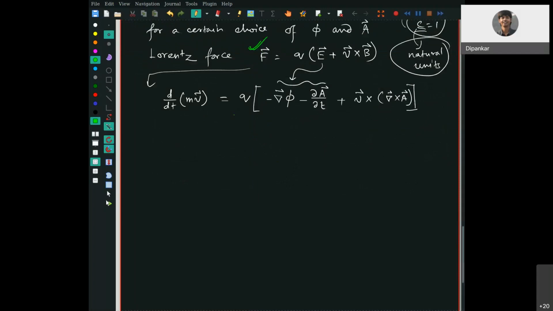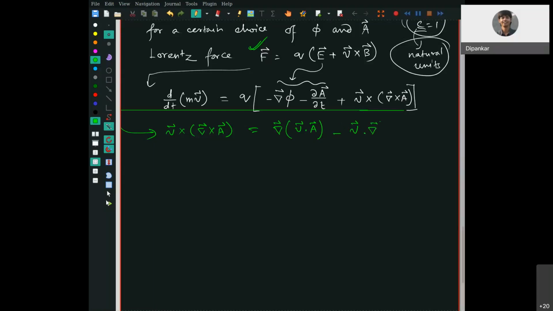Okay. Now again, you can check that this v cross del cross A, if you expand it and operate del properly, would be given by del of v dot A minus v dot del operating on A. It should follow from the vector identity.